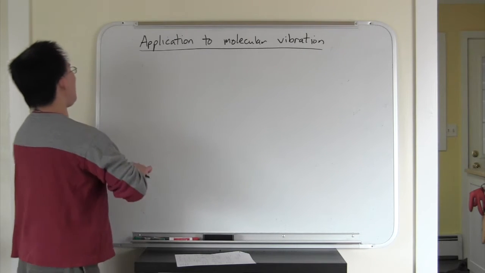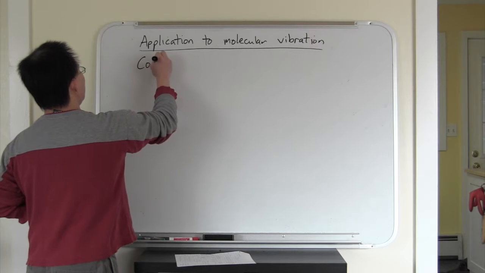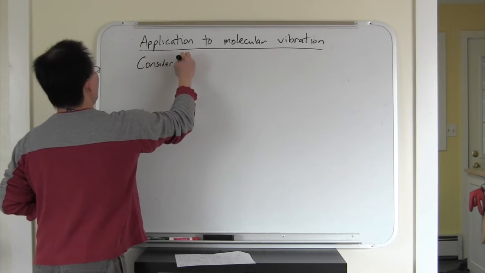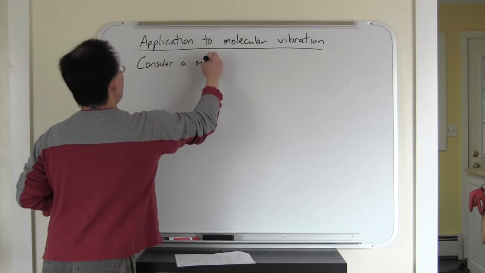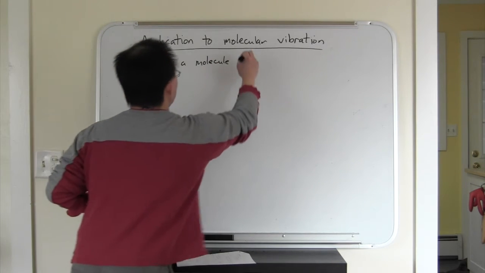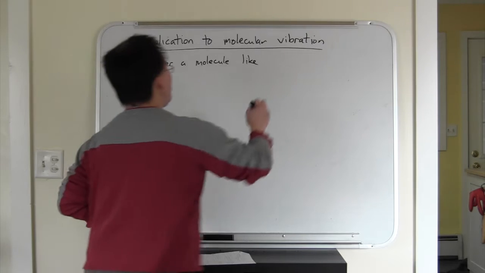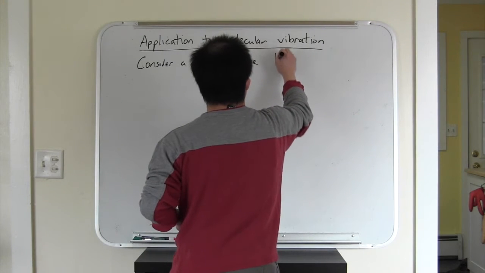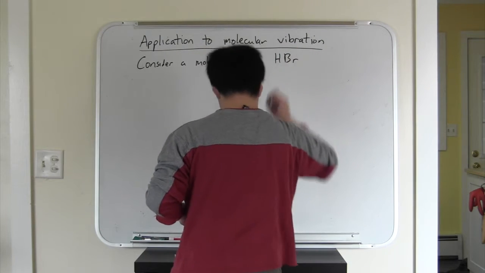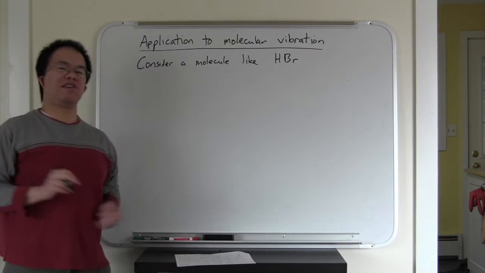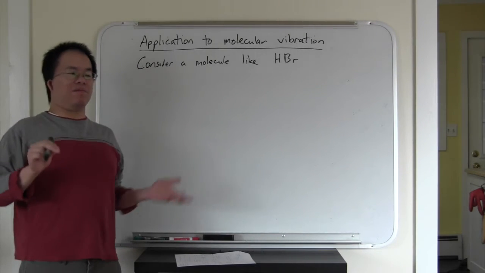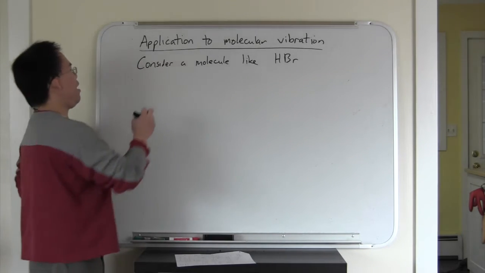So consider a molecule like hydrogen bromide, HBr. And if I were to draw a picture of it, I might represent it in the following way.